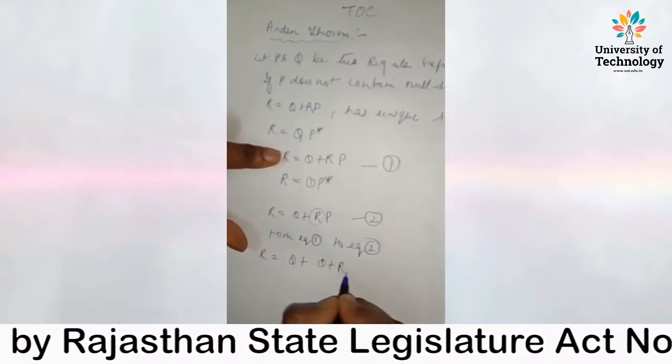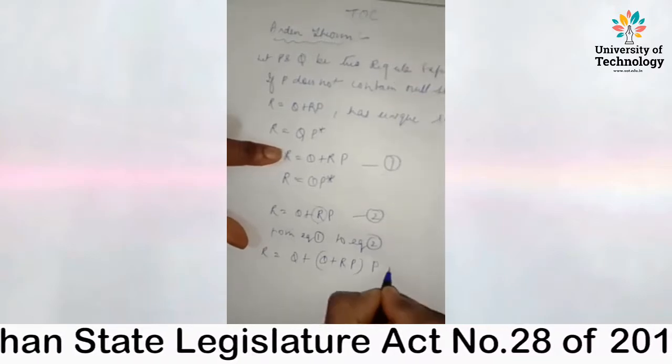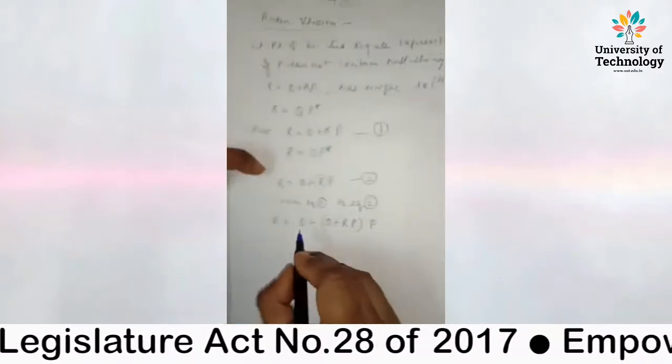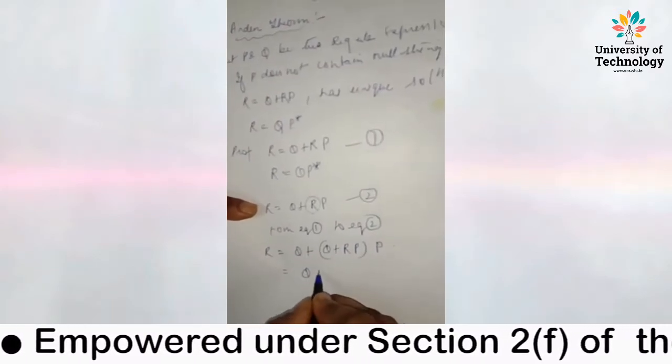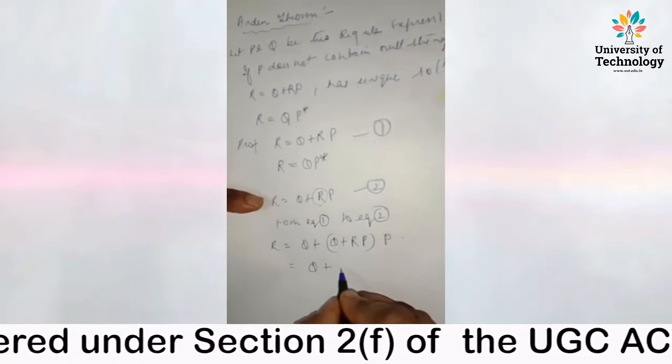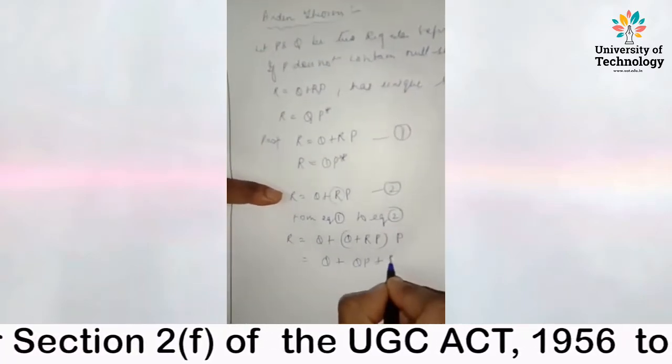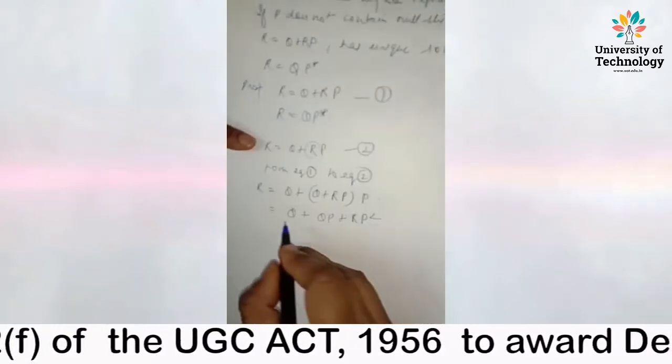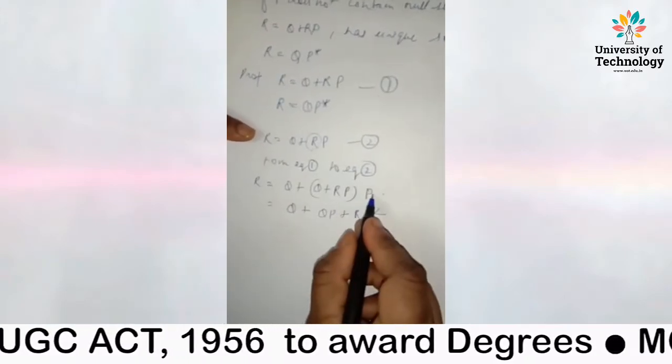Q plus RP, and then P. We are doing nothing, we are just substituting the value of R from the equation itself again and again. So how can you write it? R equals Q plus QP plus RP square. See, I have not done anything, I have just expanded this.